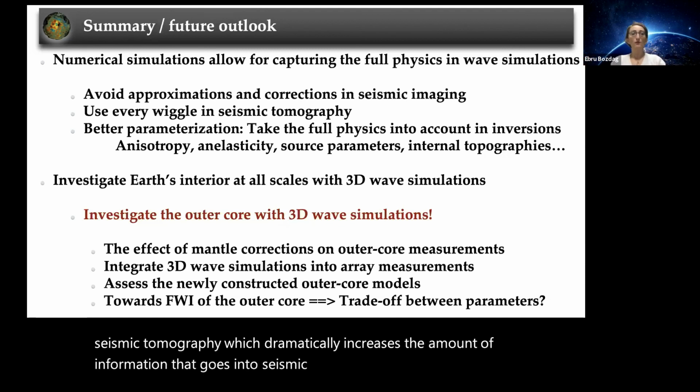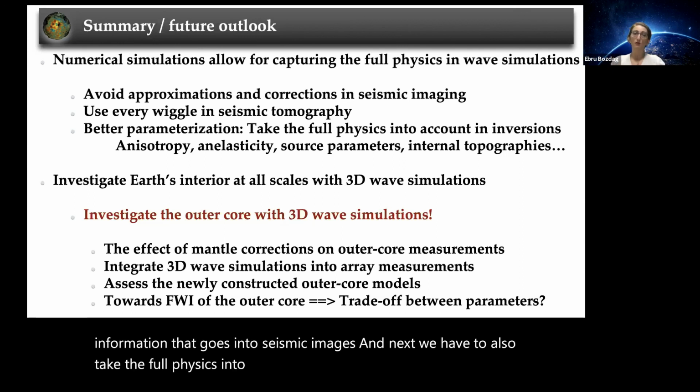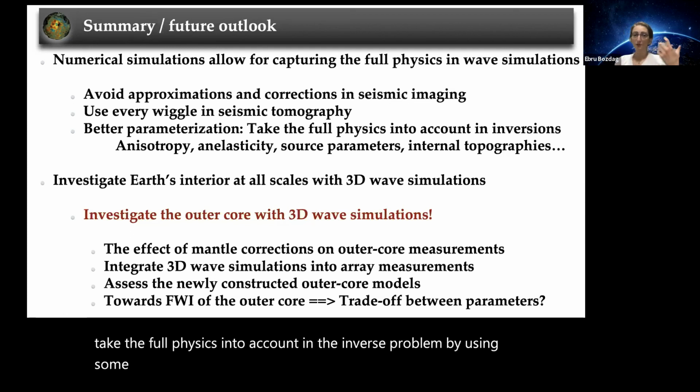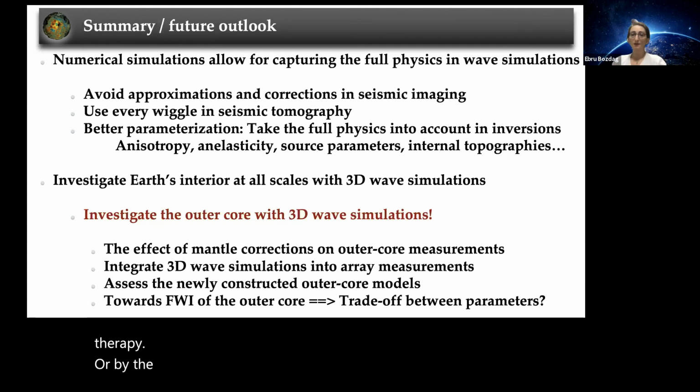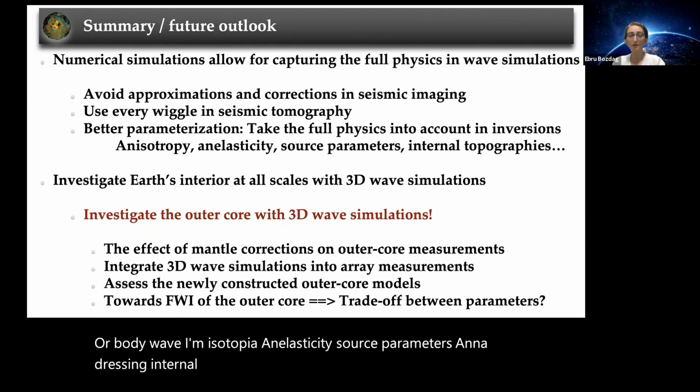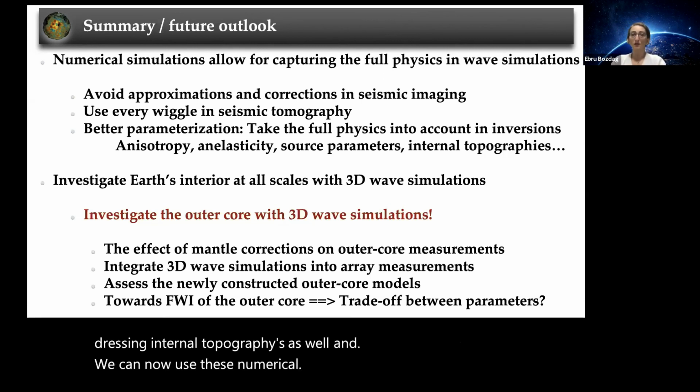And next, we have to also take the full physics into account in the inverse problem by using better parameterizations such as azimuthal anisotropy or body wave anisotropy and elasticity, source parameters, and addressing internal topographies as well. And we can now use these numerical simulations to investigate Earth's interior at all scales with 3D simulations.